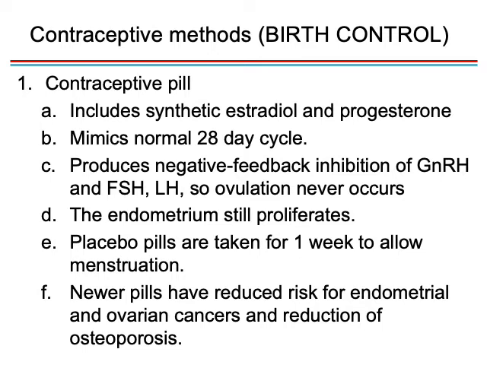mimics the normal human 28-day menstrual cycle in terms of the uterine cycle, in terms of the buildup and then the release. Okay. It will also allow the secondary oocyte and the follicle cells around it to begin their maturation processes.